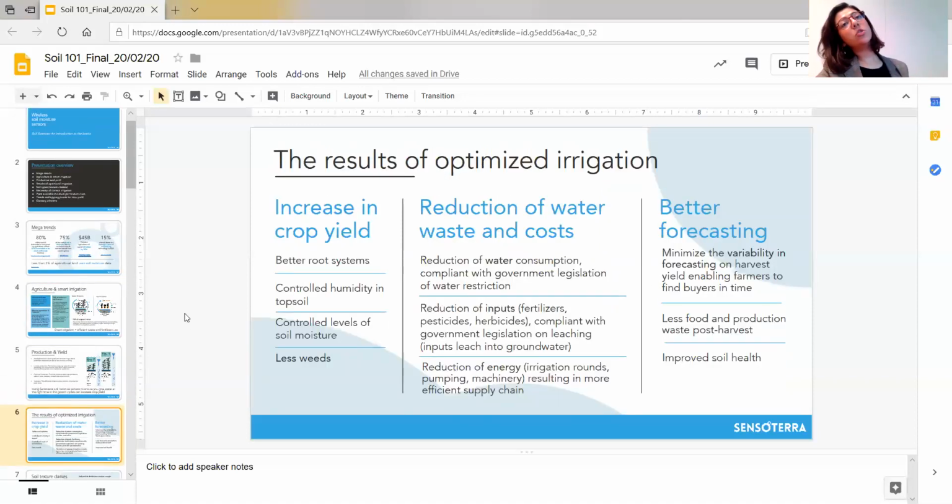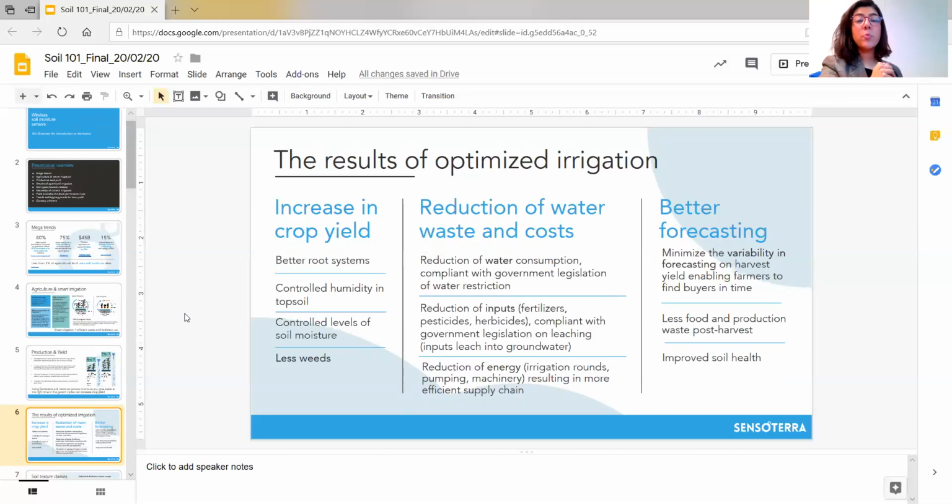And what are the results of an optimized irrigation? First of all, an increase in crop yield. This is what we want. How can we increase crop yield? Produce more and waste less. When using optimized irrigation, what are the benefits? You have better root systems, so you can achieve root system health by giving the precise amount of water.